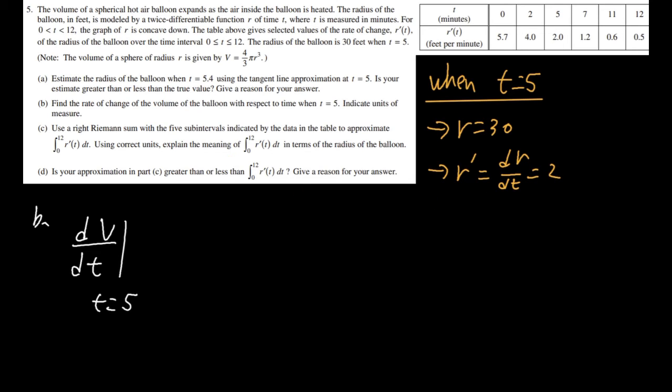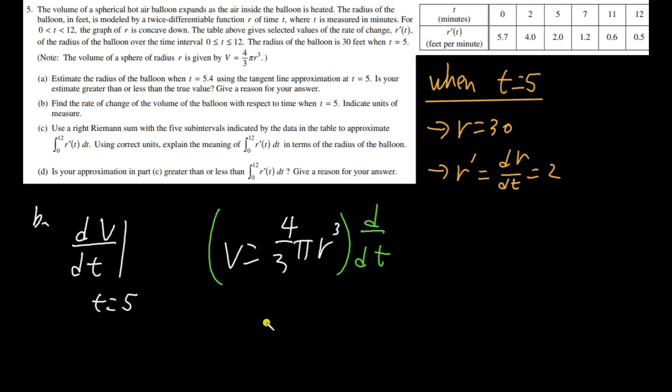Okay, now that we know that, let's move on to actually finding dV/dt. So we know that the volume is 4/3 pi r cubed, right? If we want to find the dV/dt, then we can just take this equation and take the derivative of it with respect to time. So on the left side, we'll just get dV/dt. And then for the right side, we'll take the derivative of this normally. 4/3 pi times 3r squared, by the power rule.